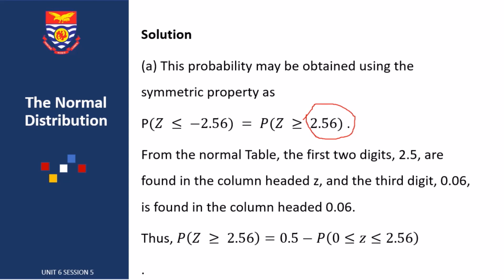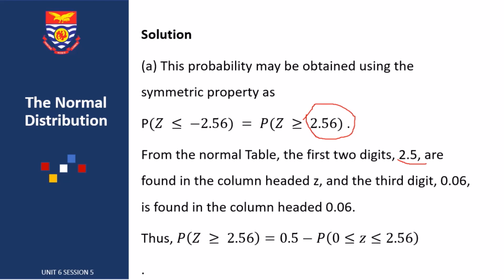We are going to read the first two digits, that is 2.5, found on the Z column at the vertical section of the table. Then the last one, that's a 6, will be 0.06 on the horizontal part of the table. So we find the intersection of them.